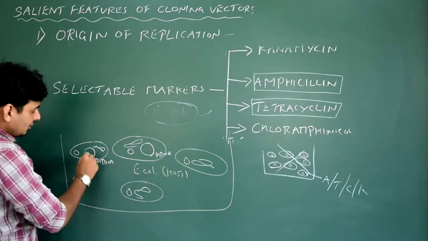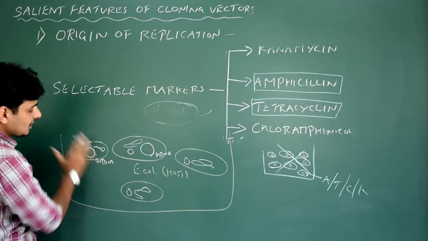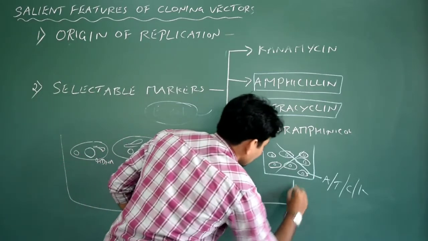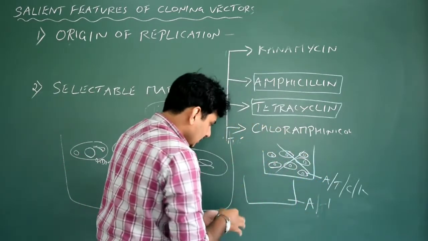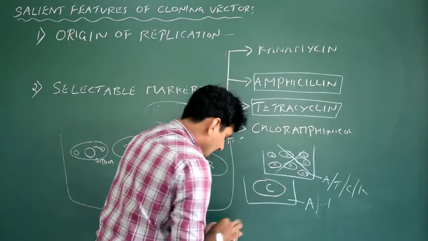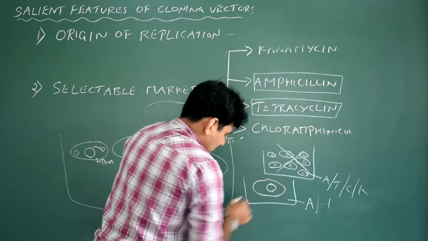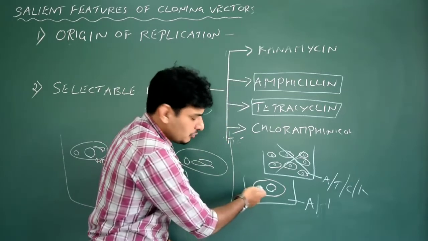Okay. For example, let us assume that I take one particular cell which has taken rDNA. So we draw here, and let us say ampicillin is here. This is the E. coli, and here let me draw the rDNA. This blue one is the natural plasmid, which will not show any resistance.